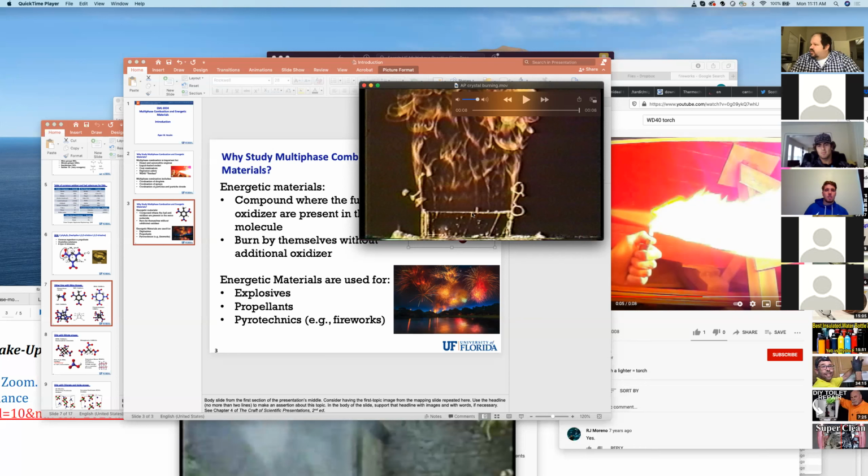And also you can see here, there's a nice clean interface between the ammonium perchlorate, that's a solid crystal, and the gas. And so that's why we're going to spend some time to discuss how you treat the boundary conditions at an interface like this.